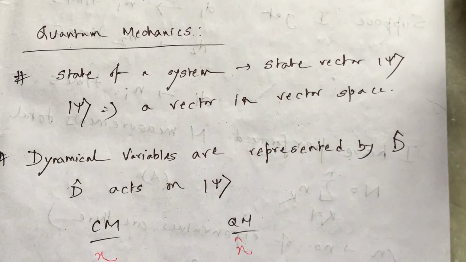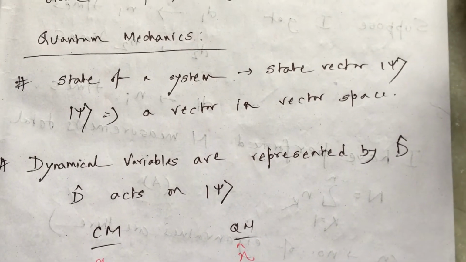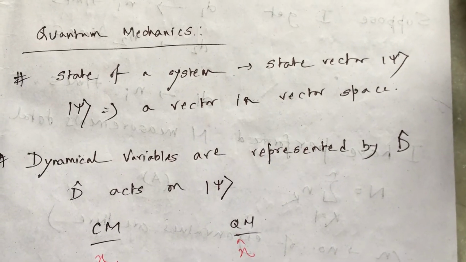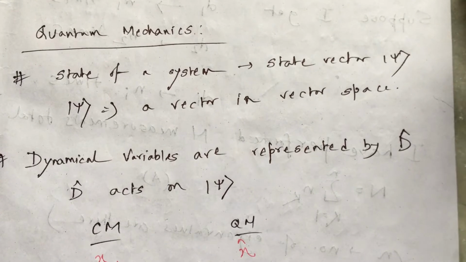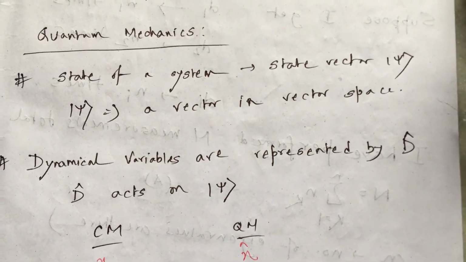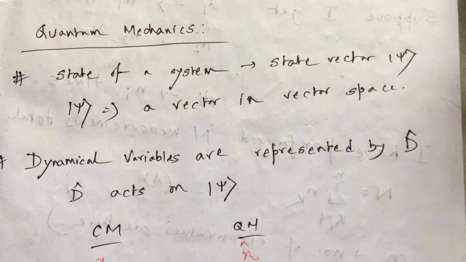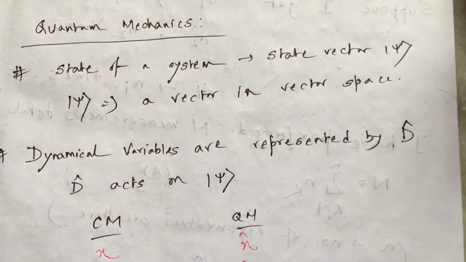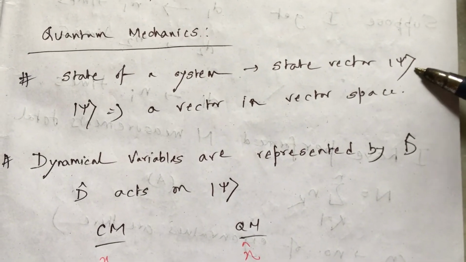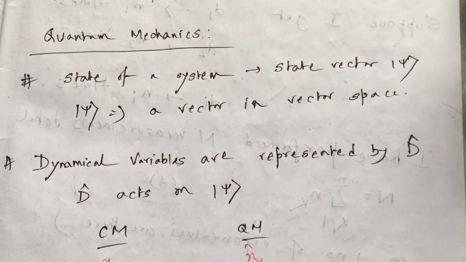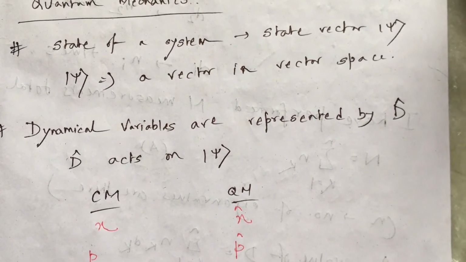For example, if we take an electron as the quantum mechanical system, then this psi will have all the information about that particular electron, such as the amount of energy it has if it is residing in this state psi. So this is very, very important. And this is a vector in a vector space.